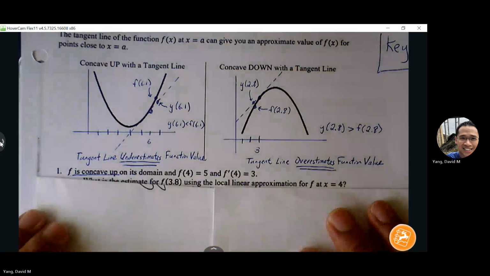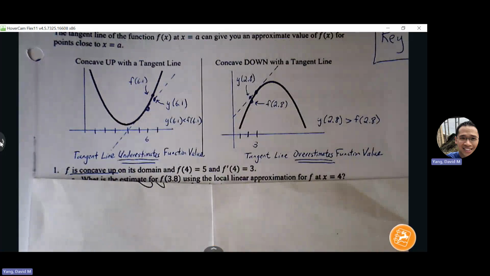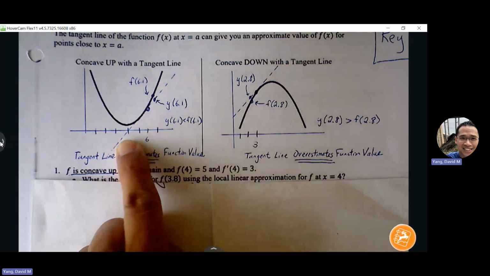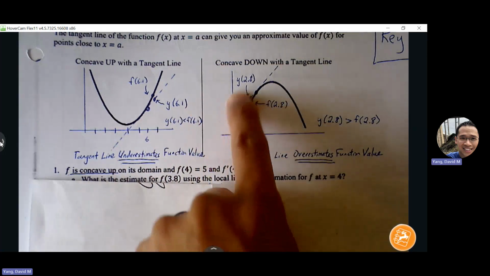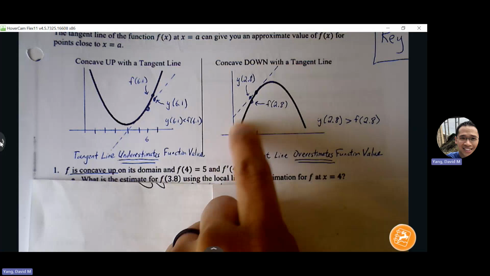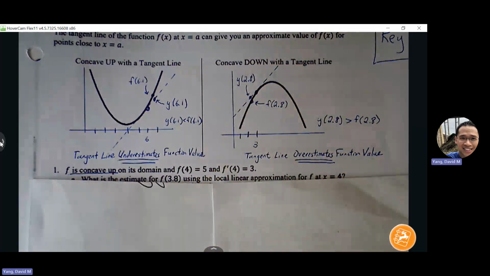And this is not something that we have to memorize, because if you just sketch your graph, you should always be able to see, okay, I can see that my line is lower, so the line must be underestimating. And then I see that my line here is above the graph, a concave down graph, so my line must be over approximating. Okay. All right, does that concept make sense?